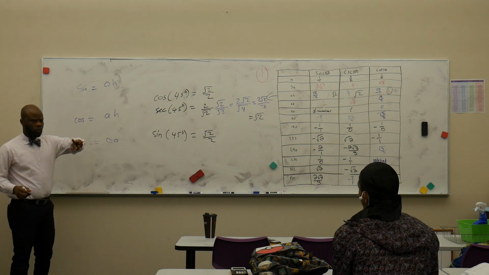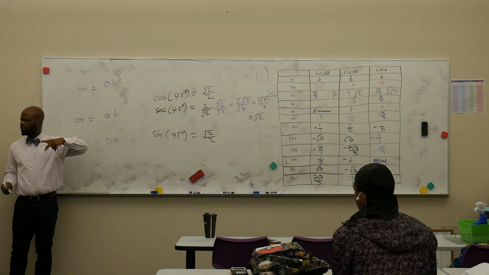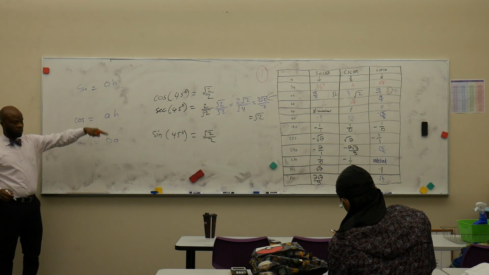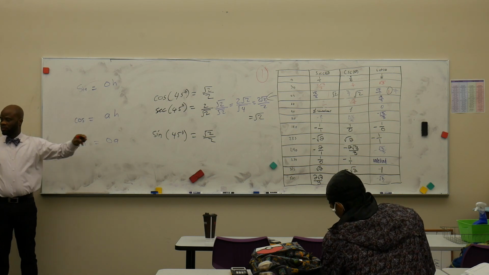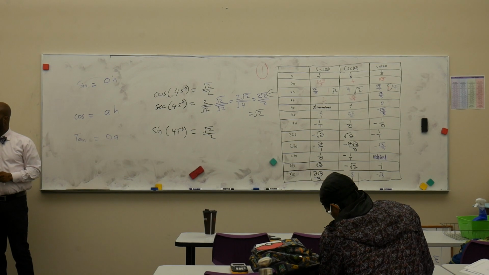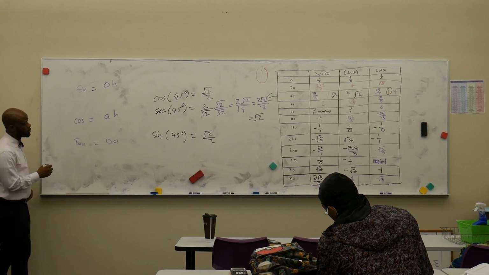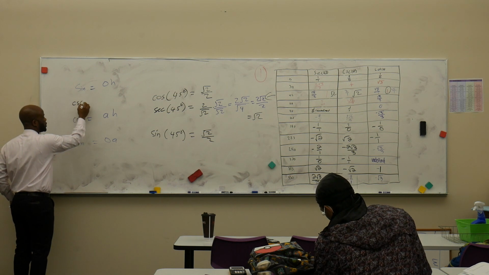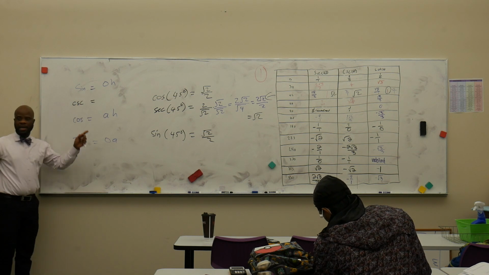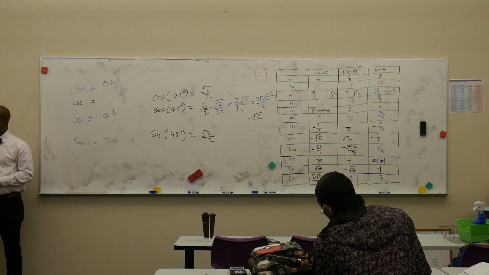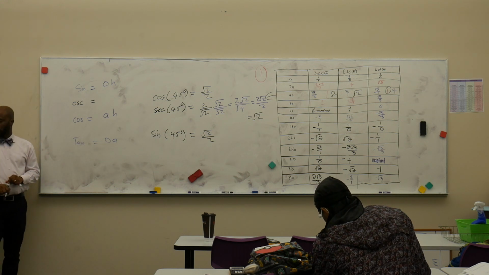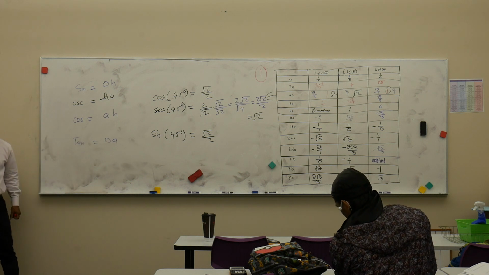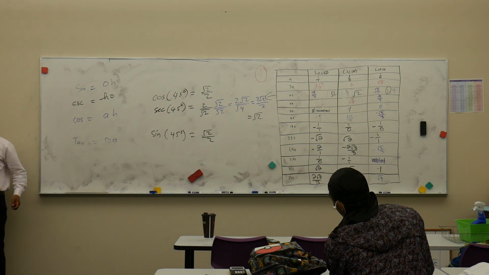Now, what is the reciprocal of the sine? Which one of those three things we learned yesterday is the reciprocal of the sine? Right? So if sine is opposite over hypotenuse, what's cosecant? Hypotenuse over opposite.